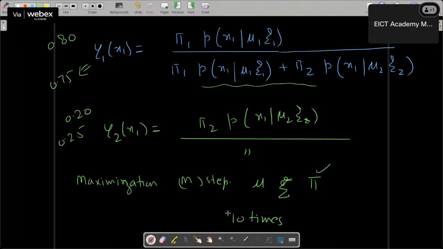Clear? This is almost the same as k-means, where k-means is based on distance and centroid, and GMM is based on the probability and the parameters of a Gaussian distribution.